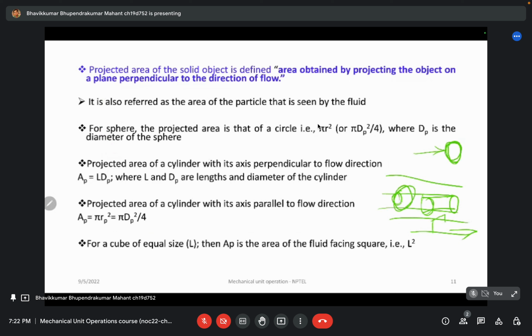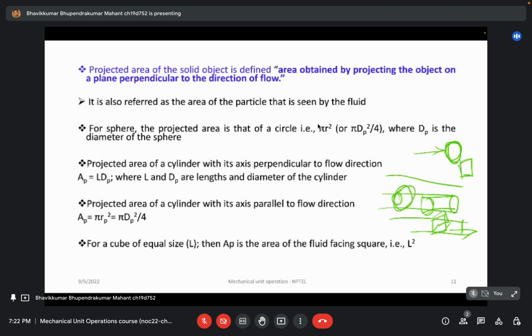If you are discussing a cube, then the projected surface is a square. Like this you need to consider according to the geometry of the object which you put in the flow.